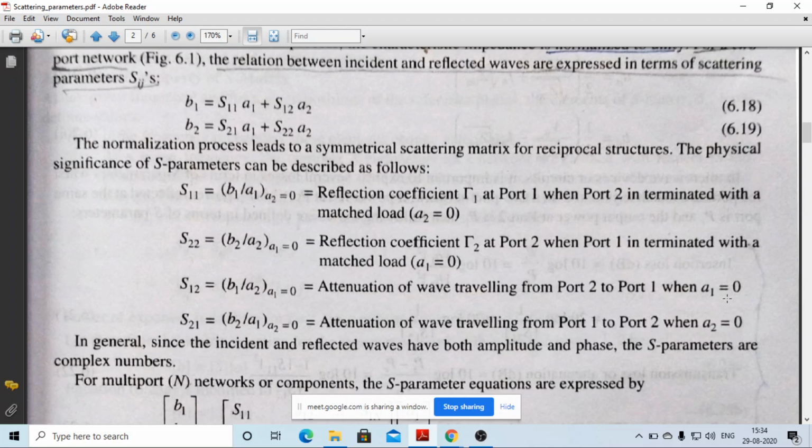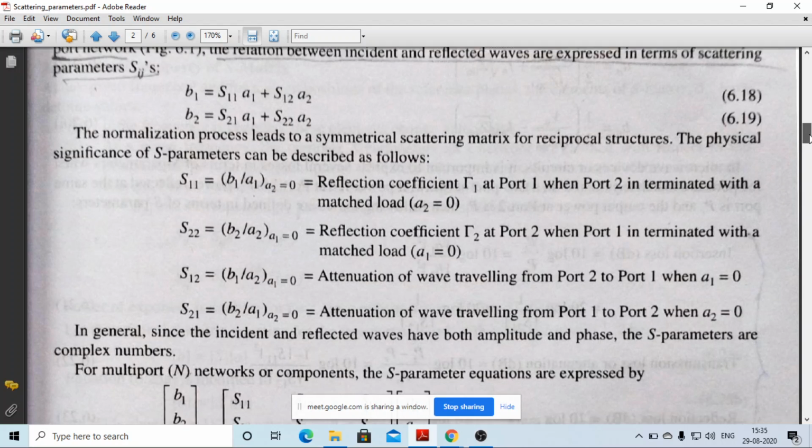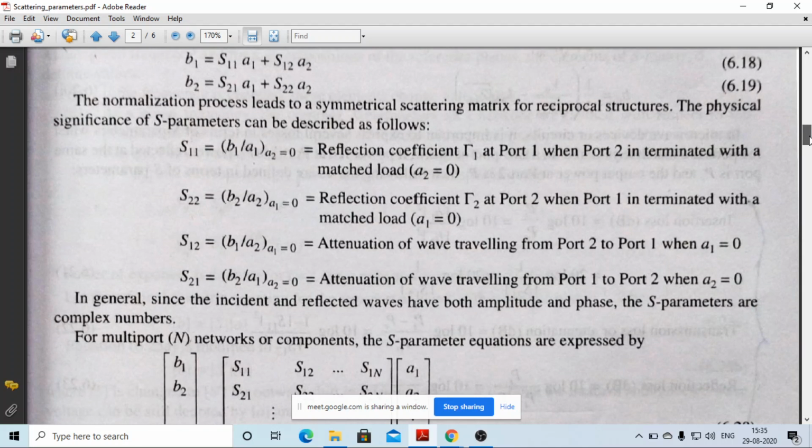It can be calculated by the ratio of the wave at the other port, that is B1 by A2, and similarly B2 by A1 when A2 is equal to 0. So this is the actual meaning of S11, S22, S12 and S21.